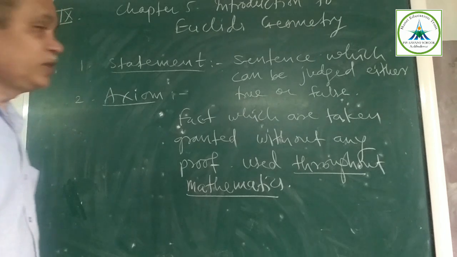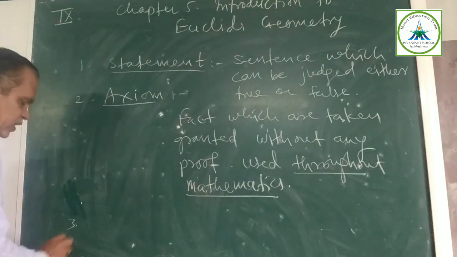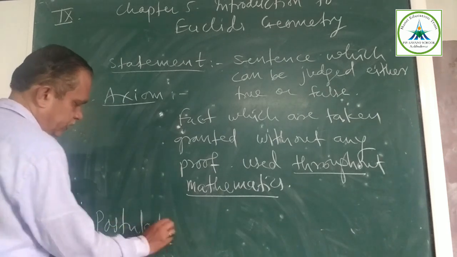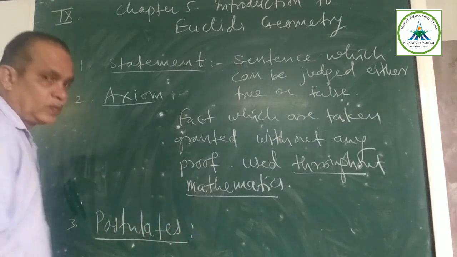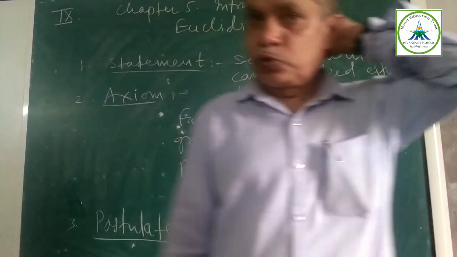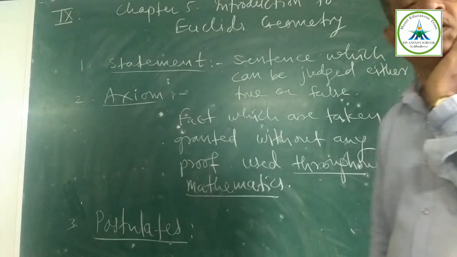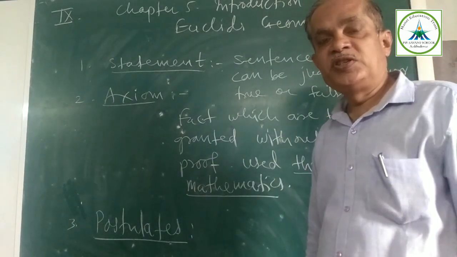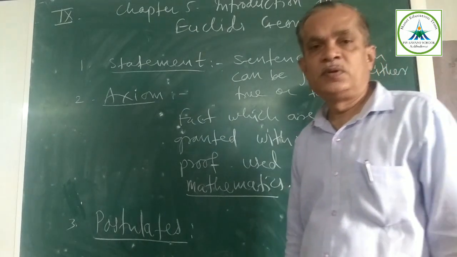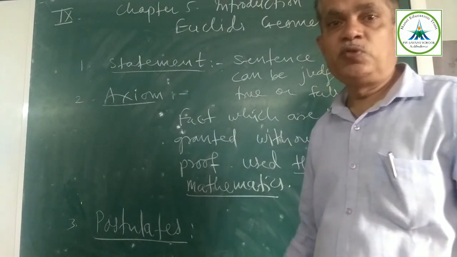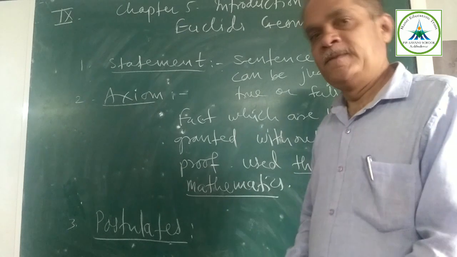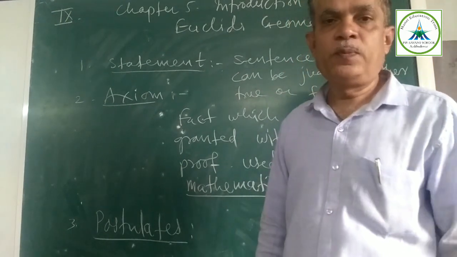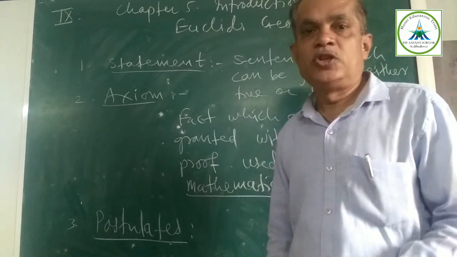Right? And now see, I'm taking one word, that is postulates. Postulates are also facts which are taken for granted without any proof, and specifically they are used in geometry.